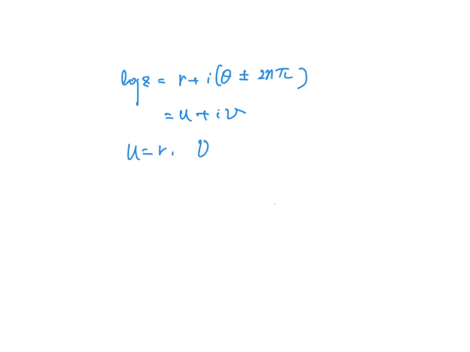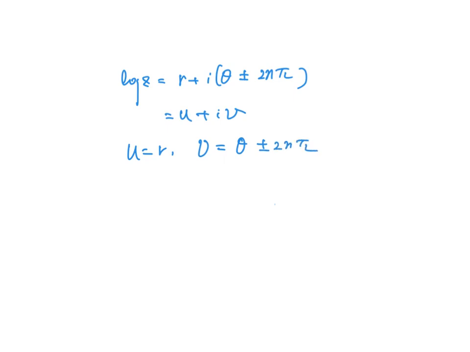For example, we have log z. Theta plus minus 2n pi, right? This is your log function. So this is u plus i v. So u is ln r, v is theta plus minus 2n pi.